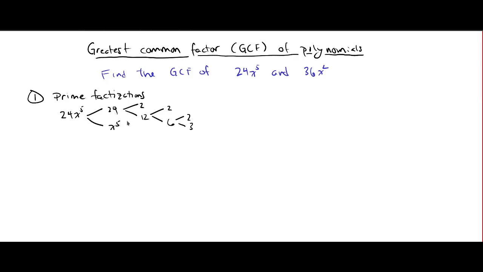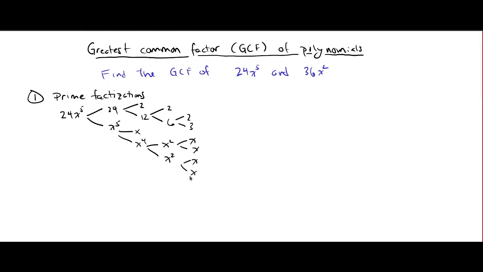And then this x to the fifth, so when we're factoring polynomials, it's convenient to think of each variable by itself as a prime. All right, so this would be x times x to the fourth. We could split that as x squared times x squared, and then x, x, x, x.